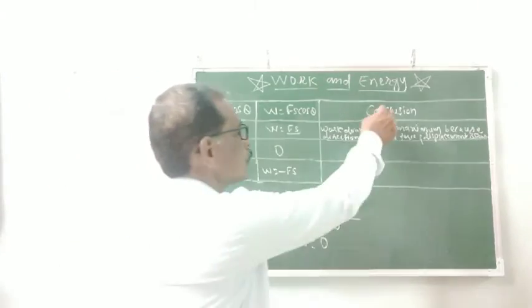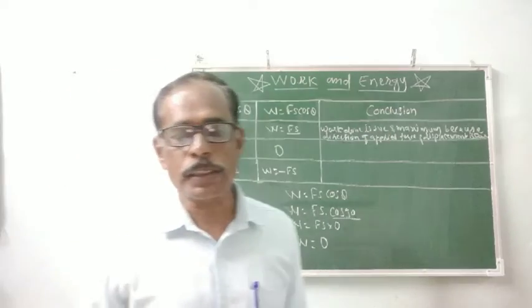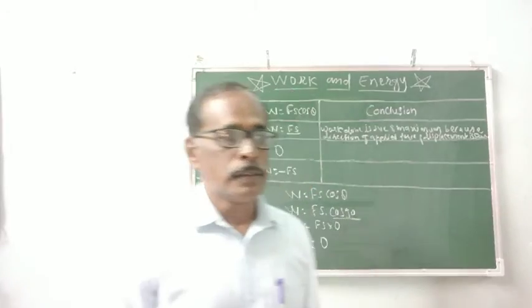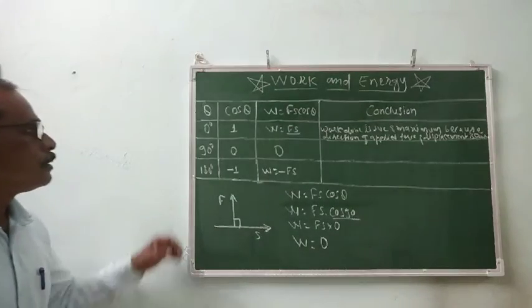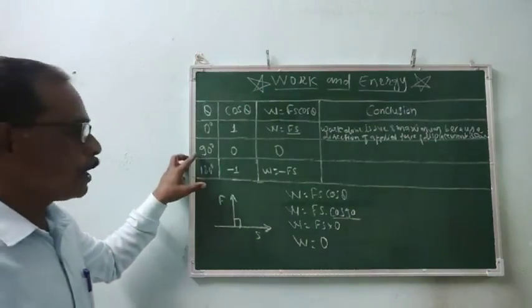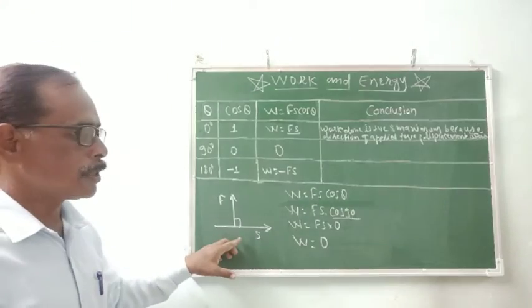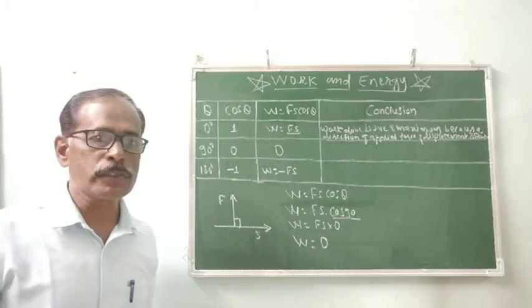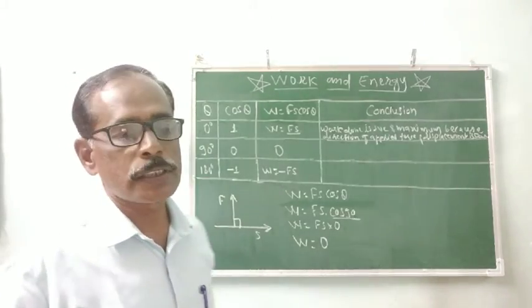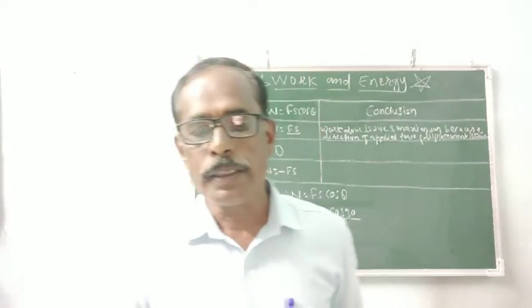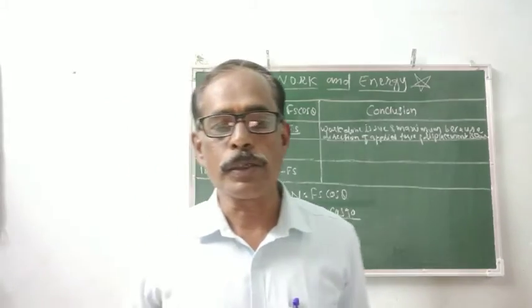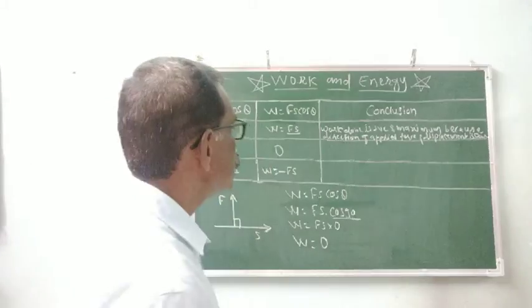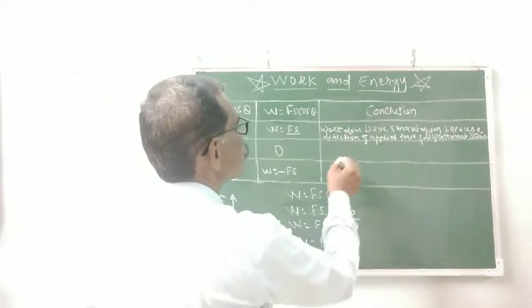Now, what is the conclusion about it? When the direction of the applied force and the direction of the displacement are perpendicular to each other, the work done by the force is 0. Now we will write the conclusion.